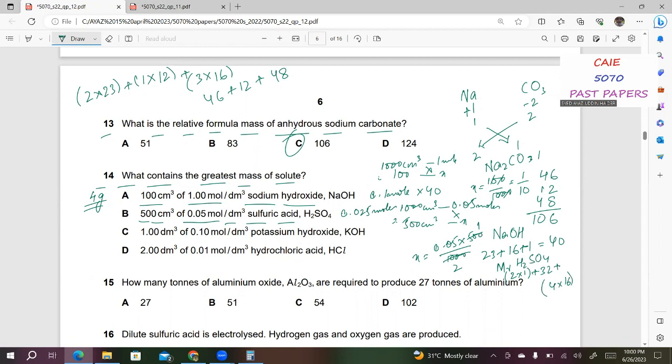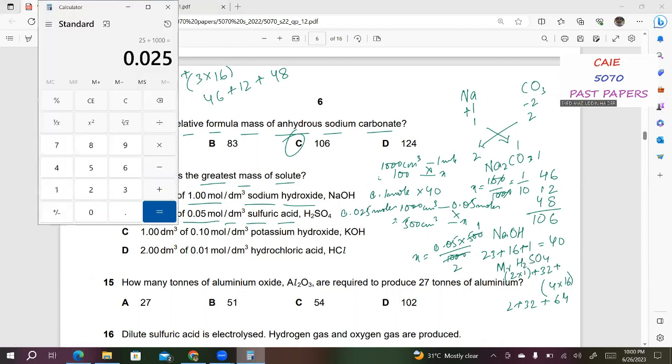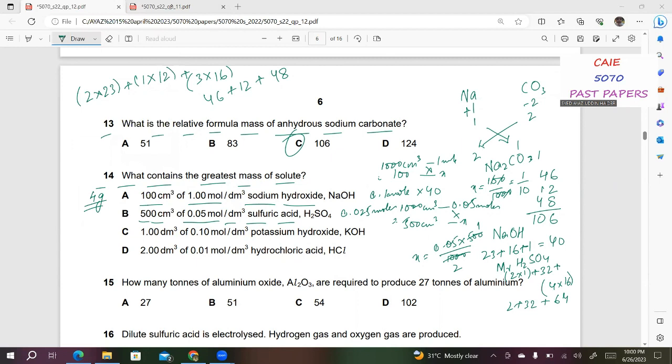So we will get 2 plus 32 plus 64, and 98 will be the answer. Multiply 98 by 0.025, and we get 2.45 grams.